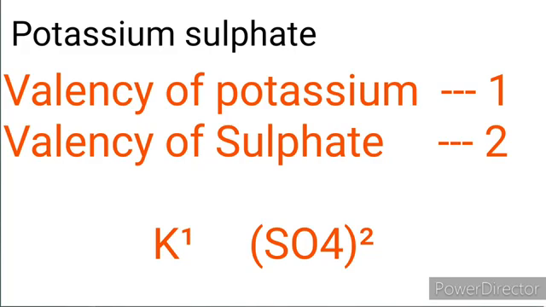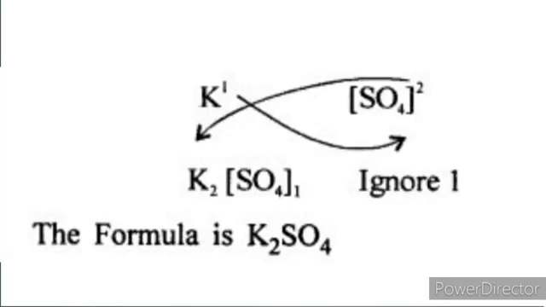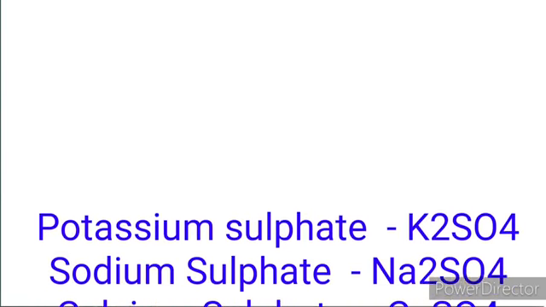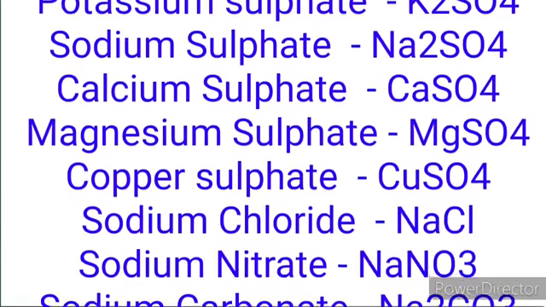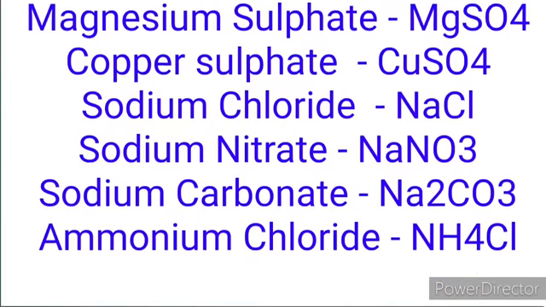The common factors are not there, so write as usual. Next, interchange the valency and write the numbers to the lower right of the constituents as their subscript. Hence, the formula for potassium sulfate is K2SO4. Children, by using this crisscross method, try to write down the chemical formulas for the remaining salts also.